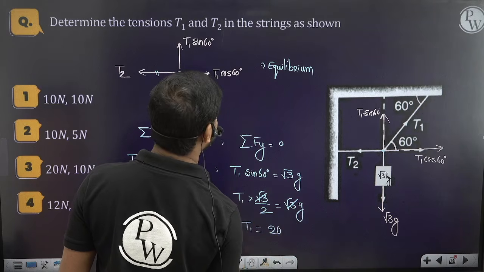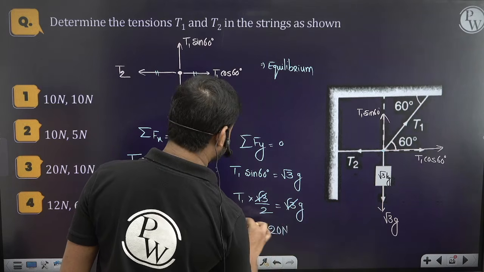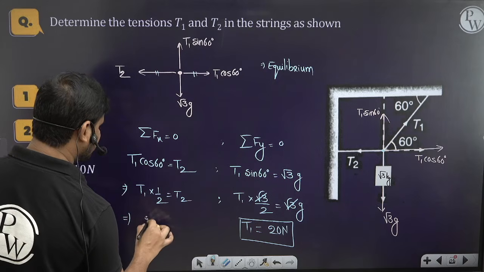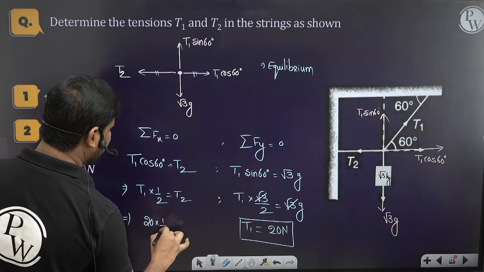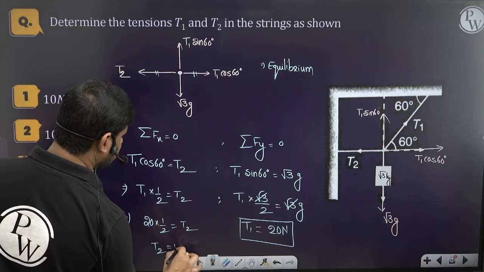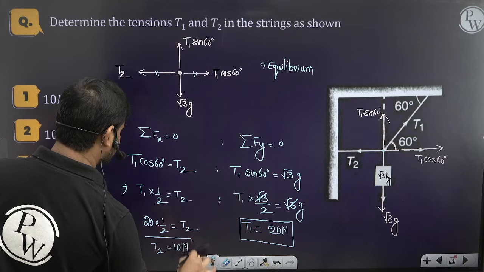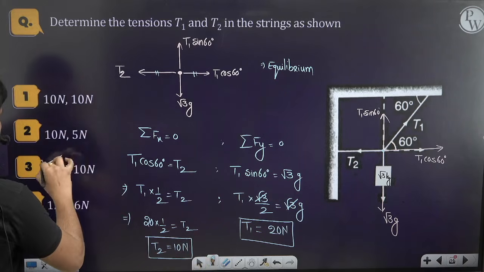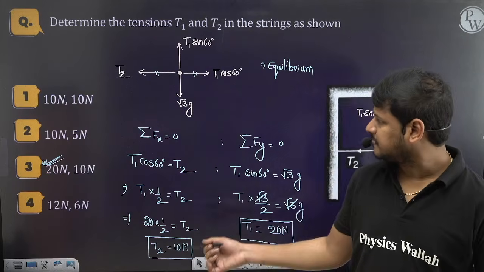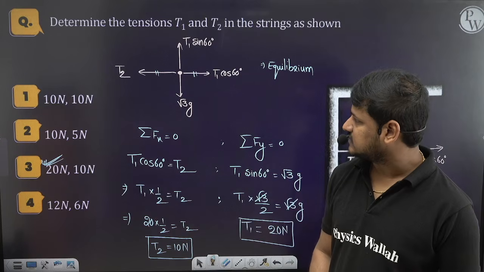Let's take g as 10, so T1 is equal to 20 newtons. Then substitute T1 here: 20 into half is equal to T2. So T2 is 20 by 2, which is 10 newtons. T2 is 10 newtons and T1 is 20 newtons. Yes or no? Clear? 20, 10 is the correct answer.